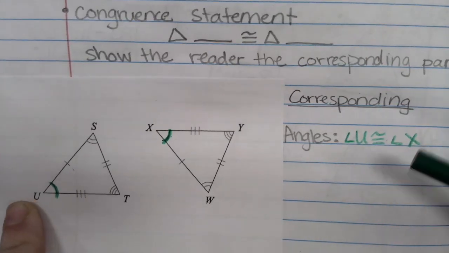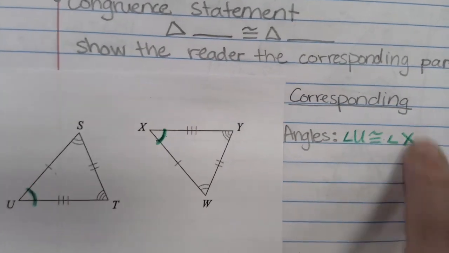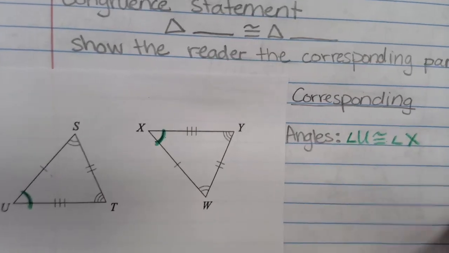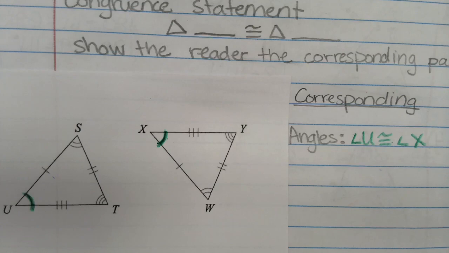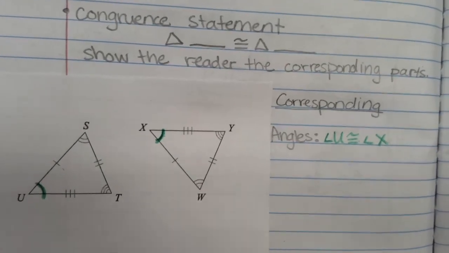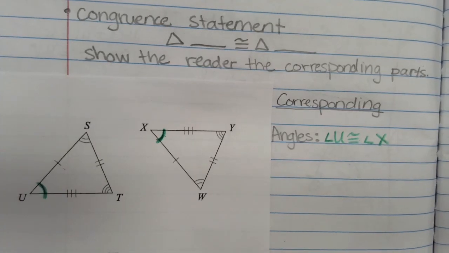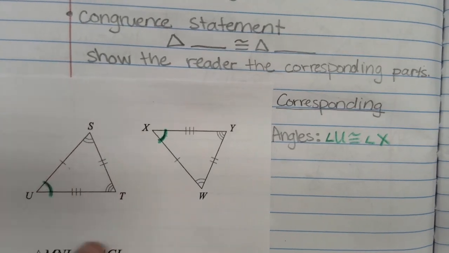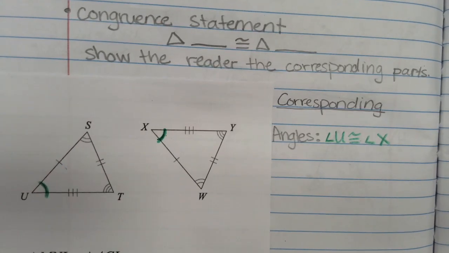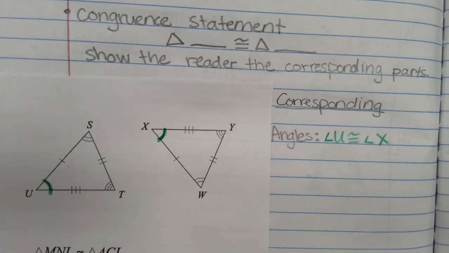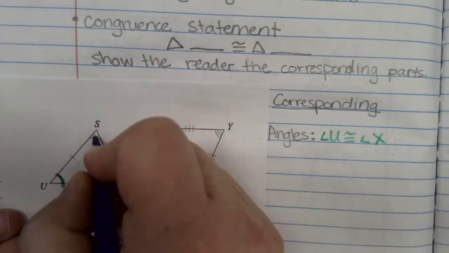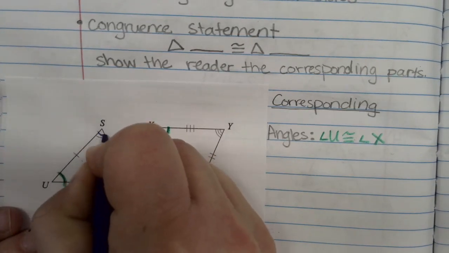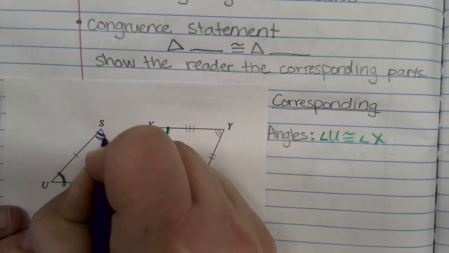If you don't have a nice sharp colored pencil, maybe just write it in regular pencil and then underline. Alright, what do we got for another angle over here? Angle S. We have those 2 arcs there.